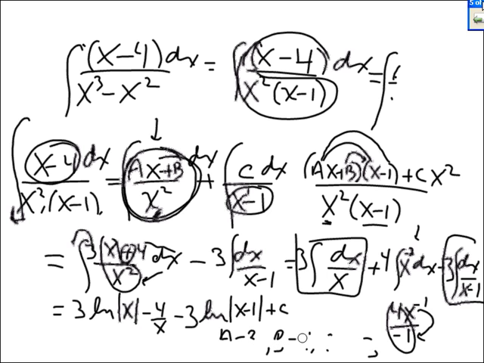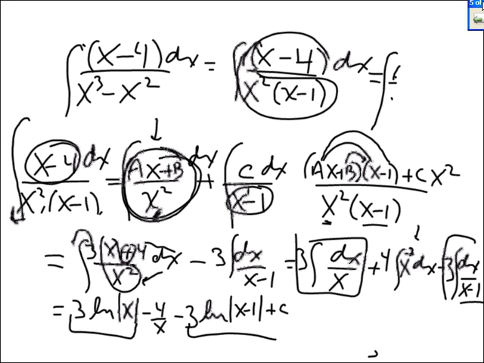If you wanted to, you could combine their ln's. In fact, not only can you combine the ln's, but you can pull out this 3. I can pull this 3 out from here, and this 3 out from there, and I get 3 times ln of x minus ln of x minus 1.